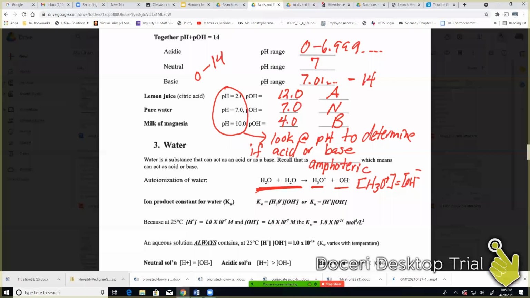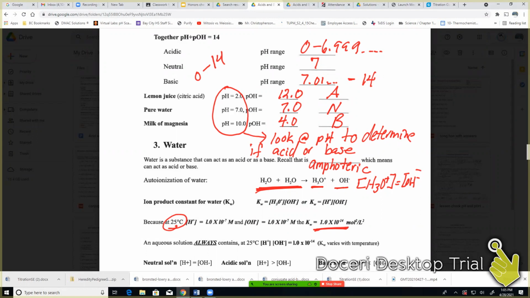So that comes back to something called the Kw, or the ion product constant for water. And it says that Kw is equal to the hydronium concentration times the hydroxide concentration. And at 25 degrees, that value is 1 times 10 to the negative 14.